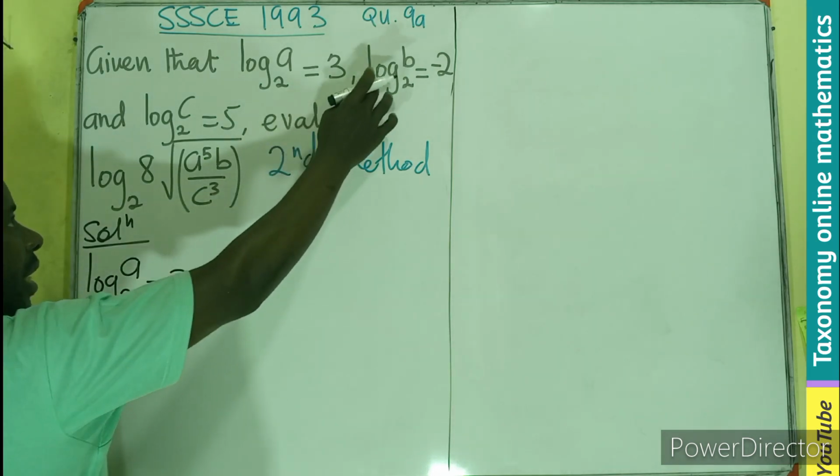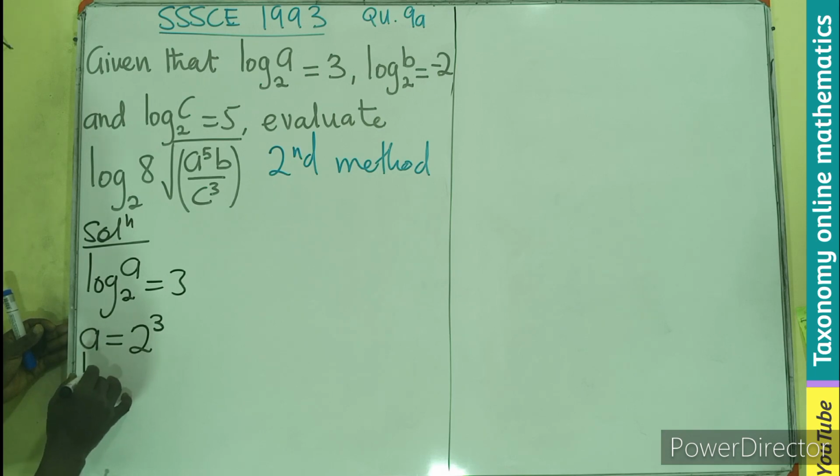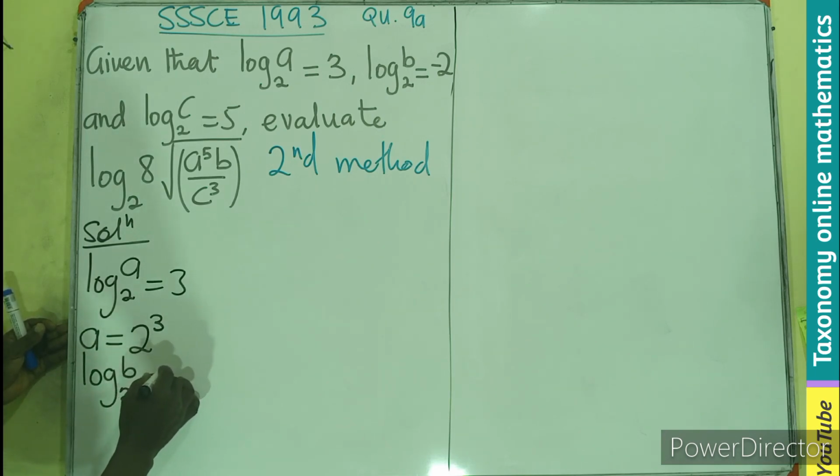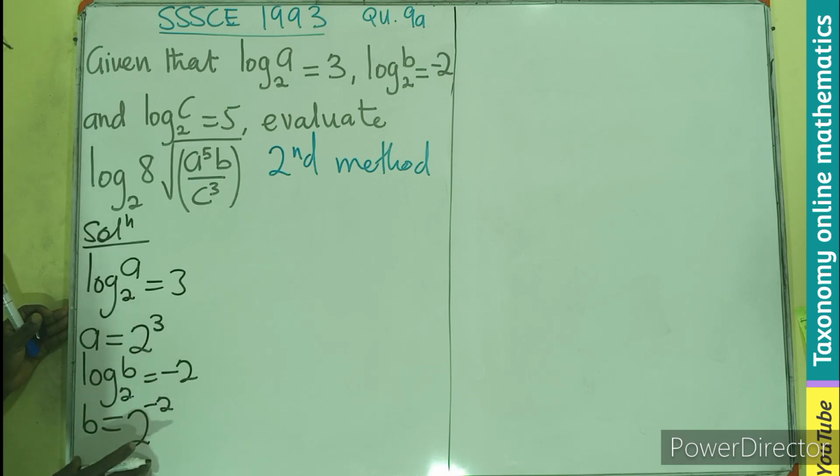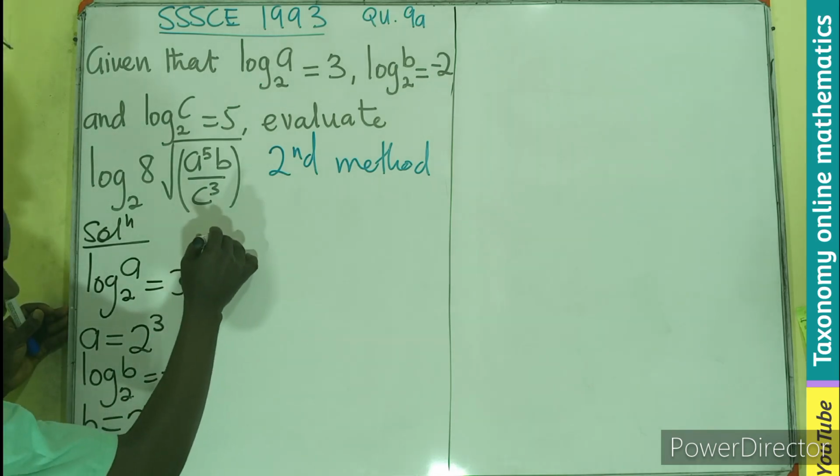Then, if I take the second one, the log of B base 2 equals negative 2. This also means that B will be equal to 2 raised to the power negative 2. So from logarithm, we come to indices.